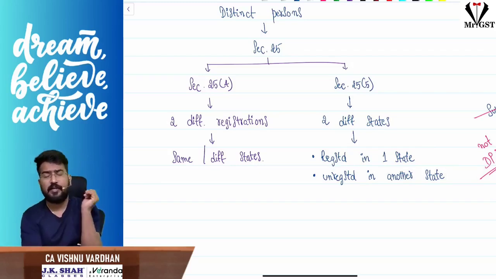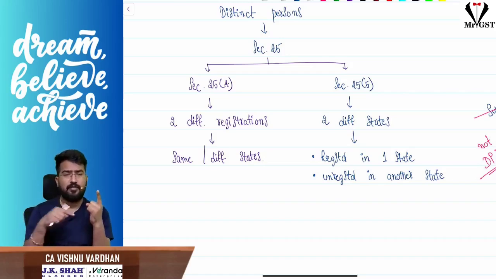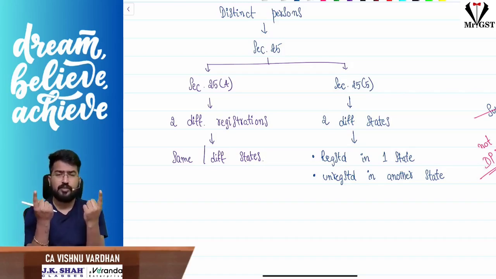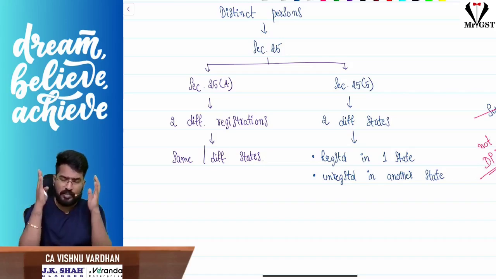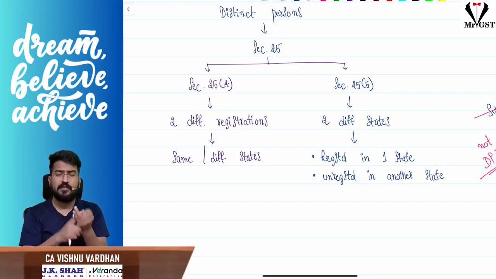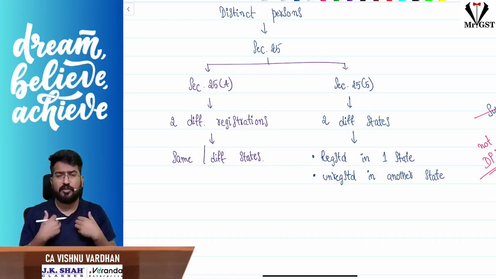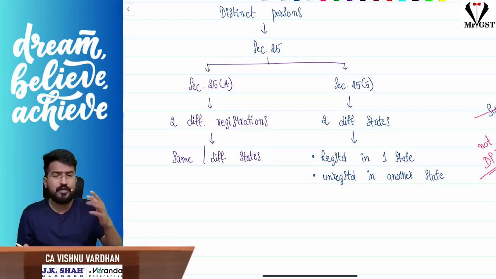In Karnataka I have a restaurant and I took registration. So in Karnataka I am a registered person, in Goa I am not registered, correct? Both are my establishments, but one is registered, one is unregistered. Still we call them establishments belonging to distinct persons. Both are belonging to Vishnu, but still we call them distinct persons.